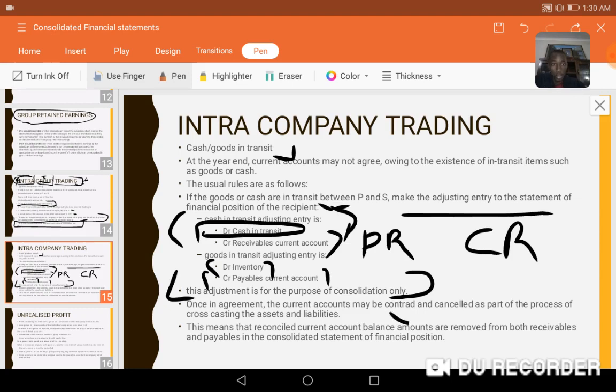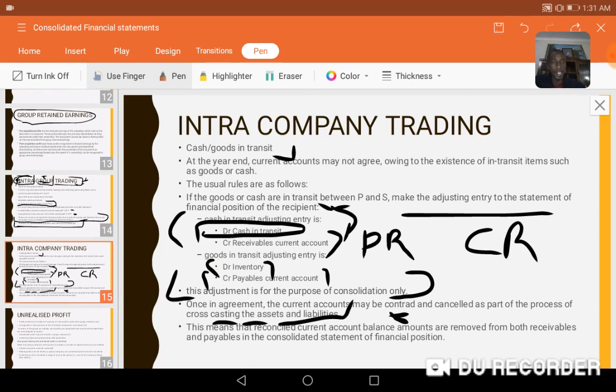This word contra means to cancel, as a process of cross-casting the assets and liabilities. Casting means adding up.